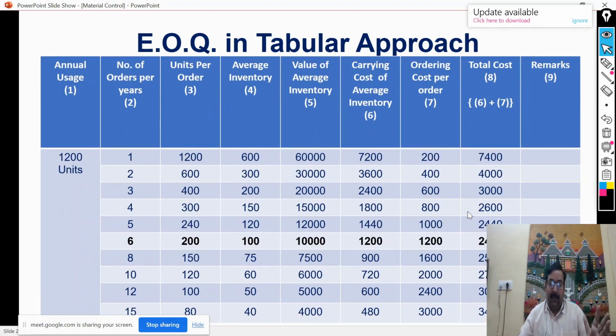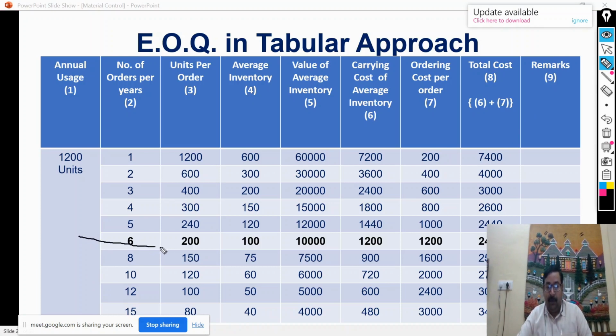This is the tabular approach. This is the final result we discussed in the earlier slide. This is my economic order quantity, because in this quantity the total cost of material is lowest.